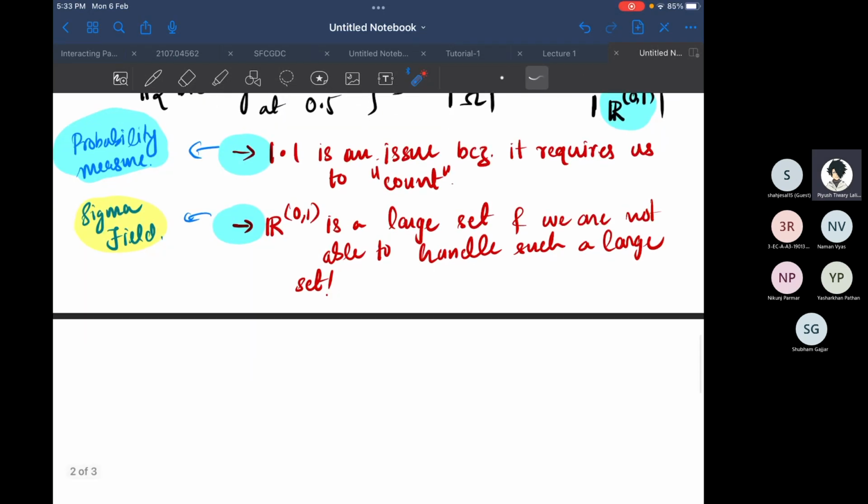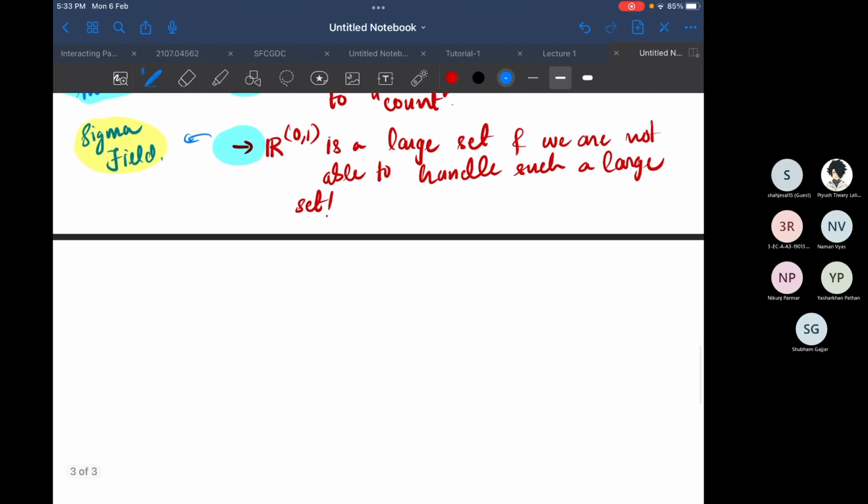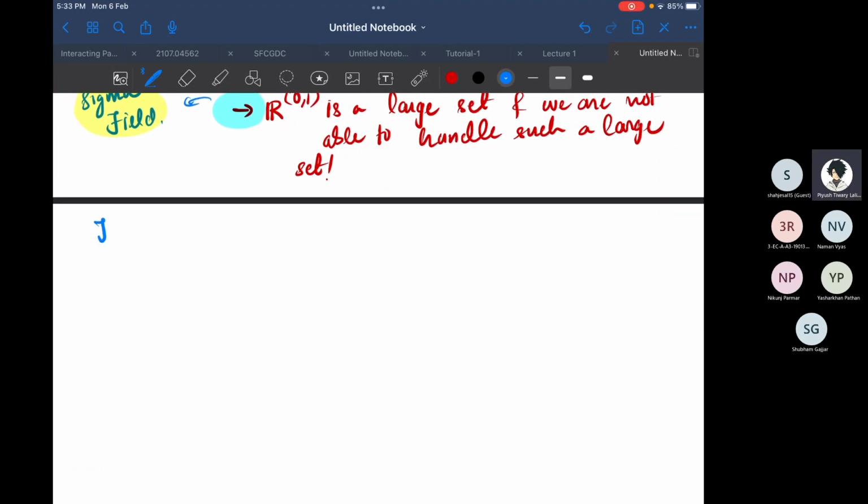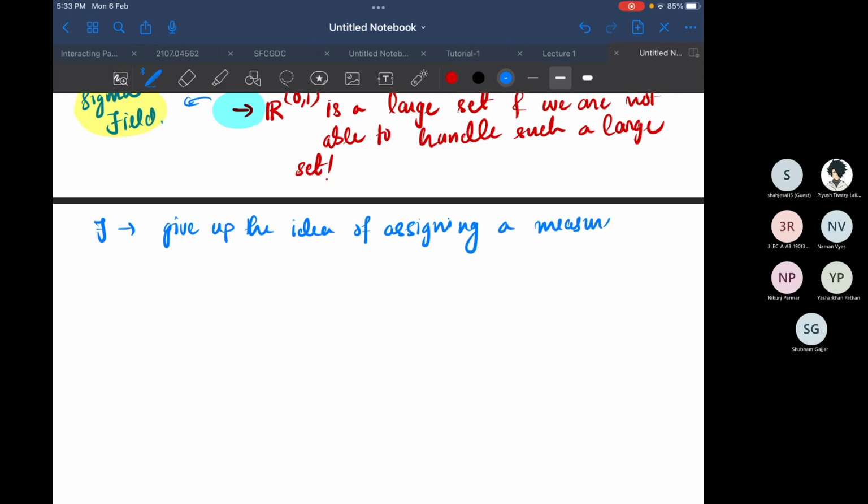So let me just write these things. Sigma field: give up the idea of assigning a measure to the whole sample space omega.